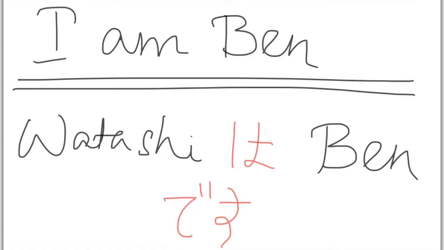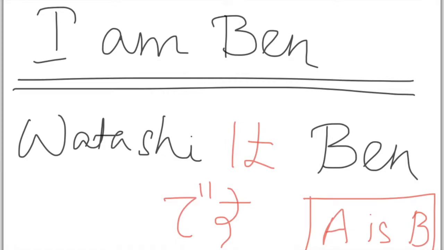This wa is the particle, the topic marking particle. Usually this sentence means A is B. So, this is how we write in Japanese.